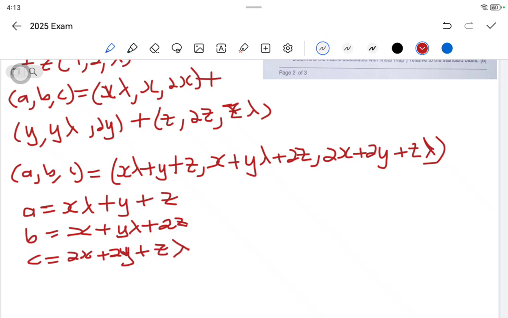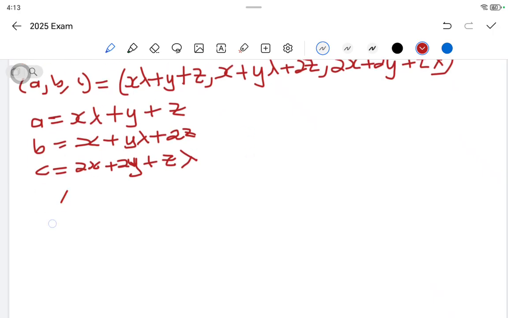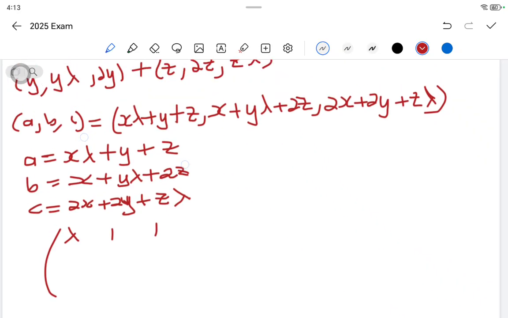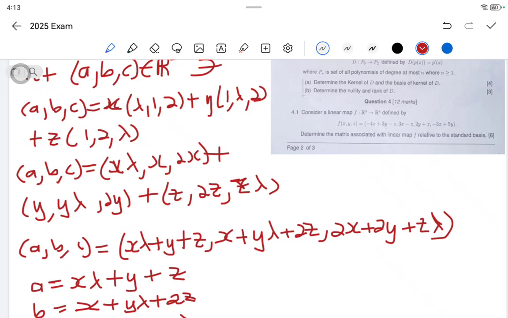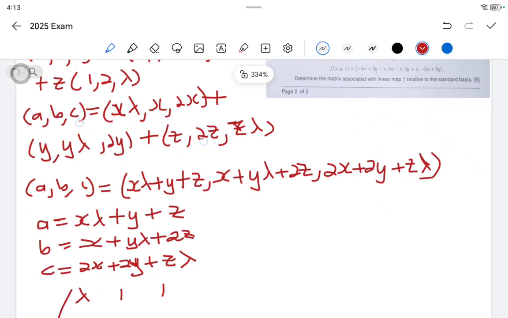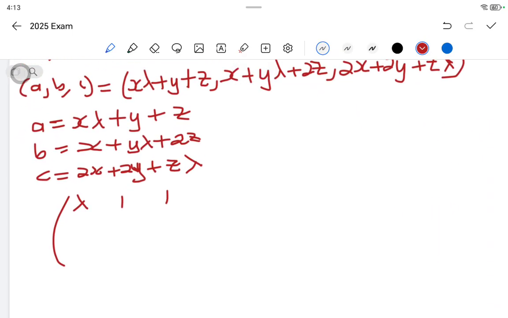Then from here you write the equation. This will be lambda 1 1. Then was the other one not 2? Oh, let me see. Oh yeah, the last x was 2 1 1. Yeah, it's fine. This one was 2.